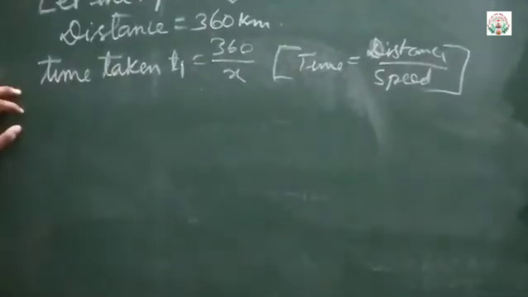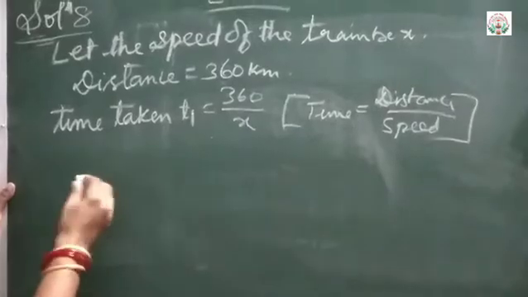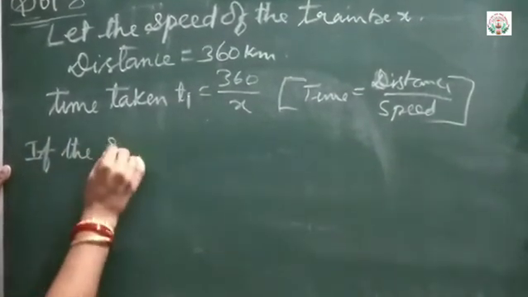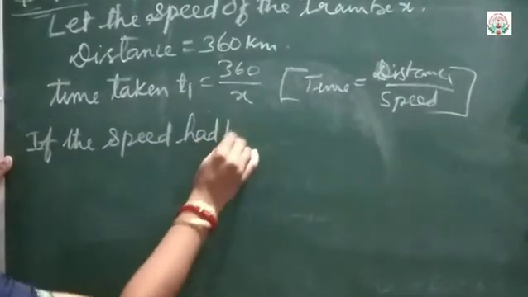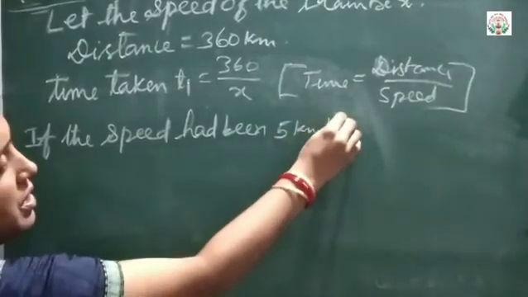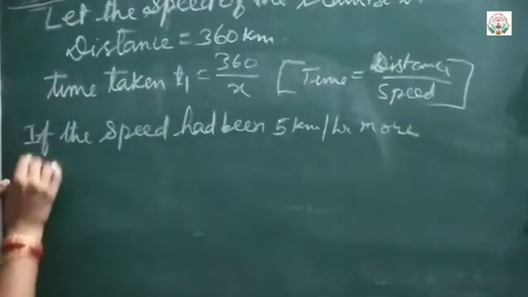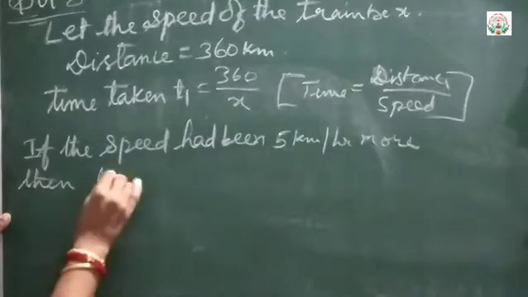After that, what is given in the question? If the speed had been 5 km per hour more, then time taken will be how much?